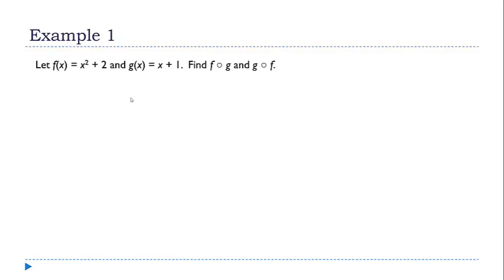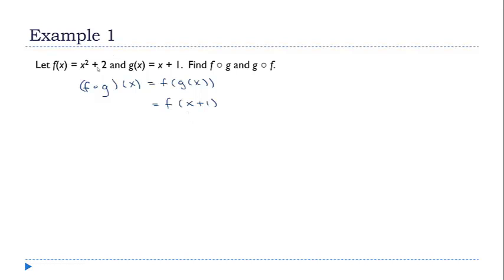I have these two functions, f and g, and I want to find f of g of x. Well, it helps really to think of this as f of g of x. And now we'll just start substituting. g of x is x plus 1.